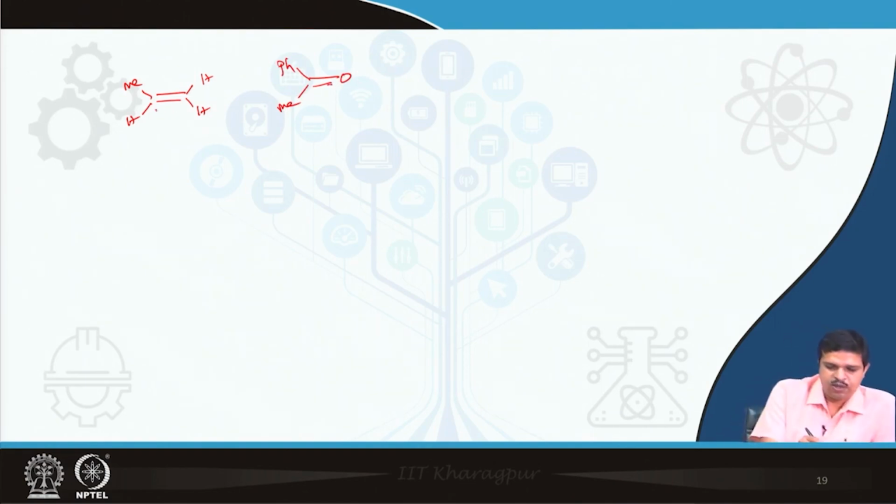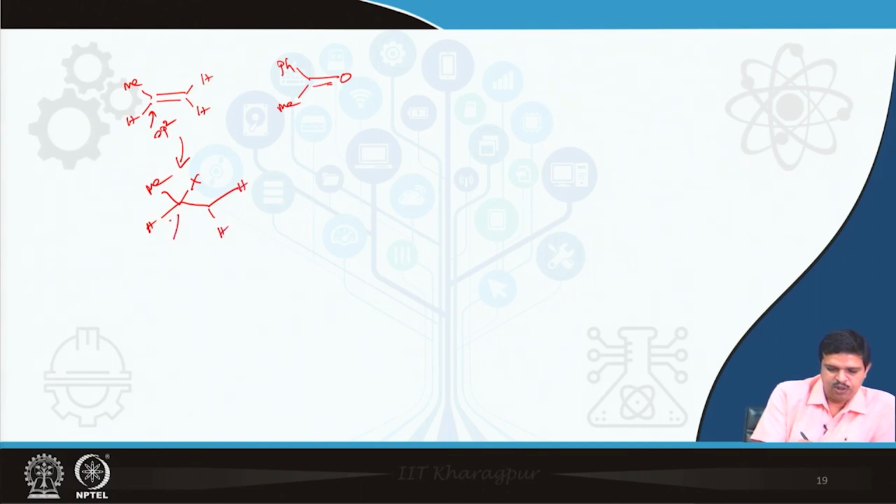This is the sp2 center, and if we can make an sp3 center by putting another substituent on this one, then it will be like that. So, this is my CH2, this is my hydrogen, this is my methyl, and let us say this is my X, and this is H and this is H.